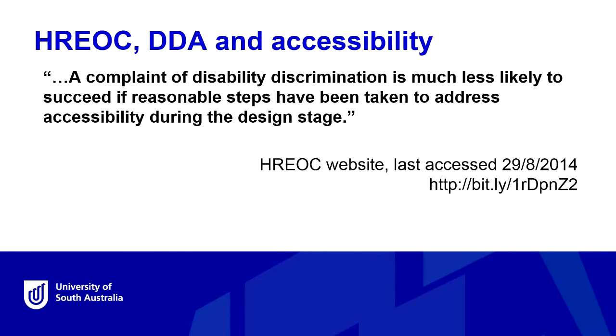The Australian Human Rights and Equal Opportunity Commission has a lot to say about web accessibility in relation to the Disability Discrimination Act. They advise content publishers, whether publishing a blog site about hats or a large site for education or commerce, that a complaint of disability discrimination is much less likely to succeed if reasonable steps have been taken to address accessibility during the design stage.